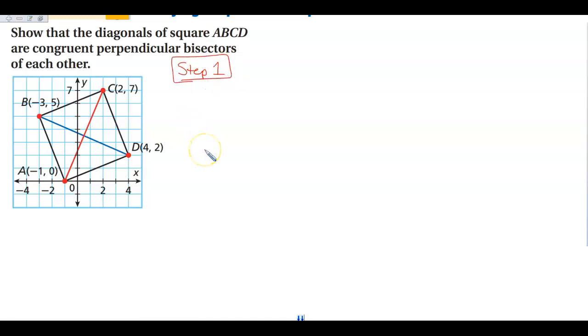All right, which is our property of a rectangle. So step 1 is the rectangle property. The way we're going to show that the diagonals are congruent is by using the distance formula. I'm going to start with AC. So the length of AC is the square root.